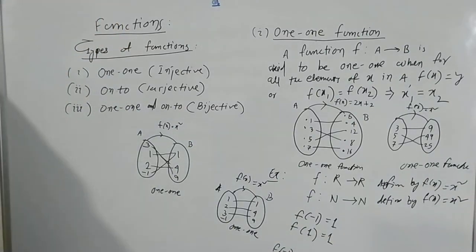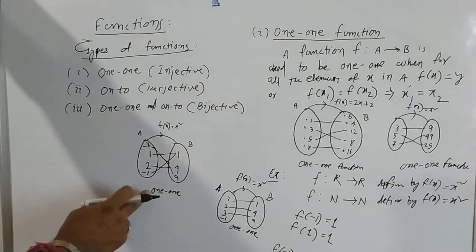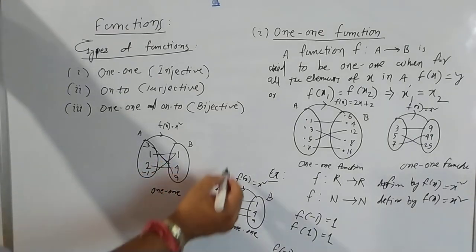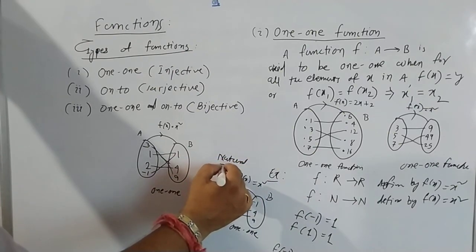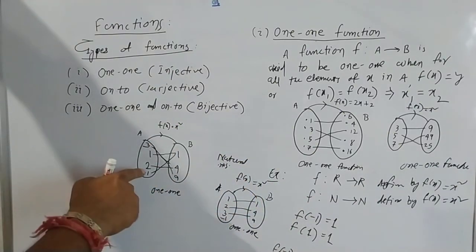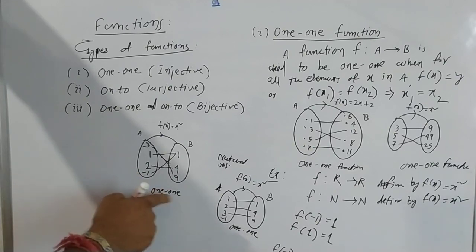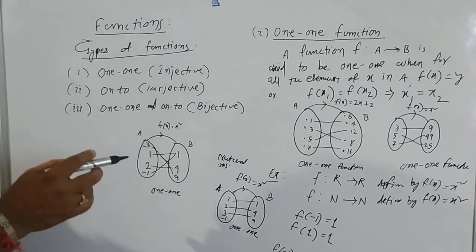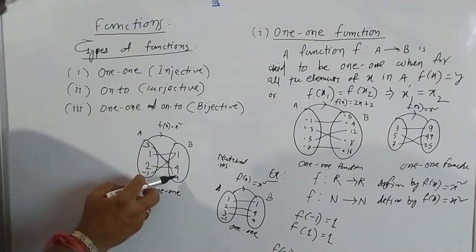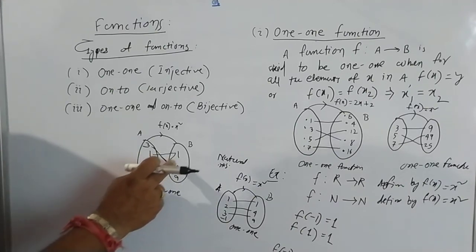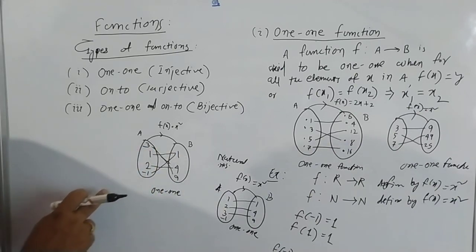Okay, so f of minus 1 is equal to f of 1 is equal to 1. So here this is the set of natural numbers. As I have told you, here each element has one image. Minus 1 has one image, and 1 has one image.